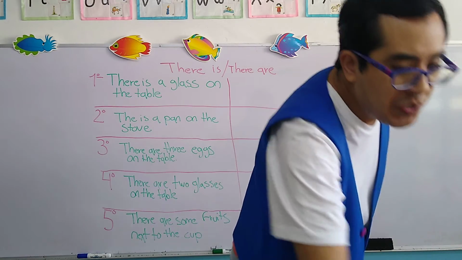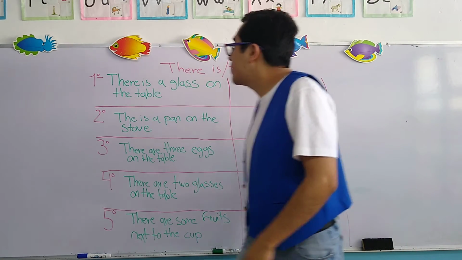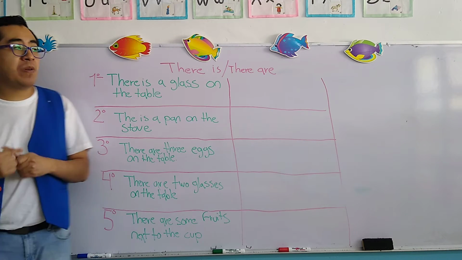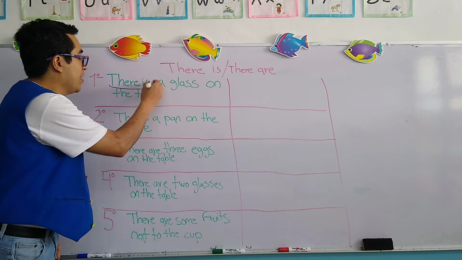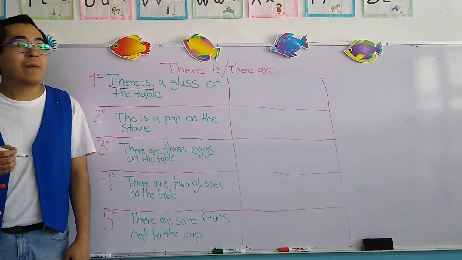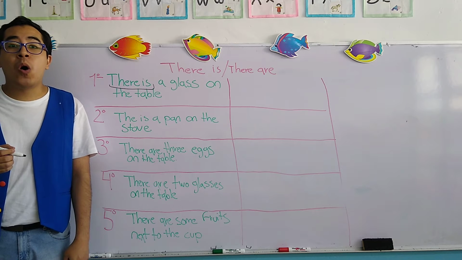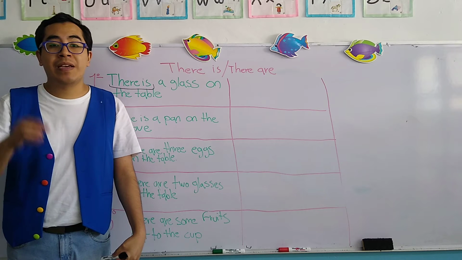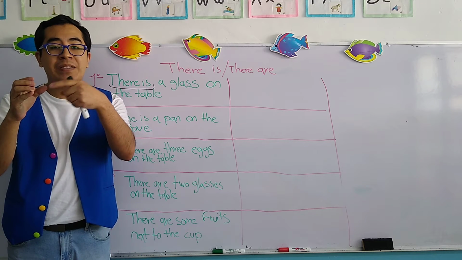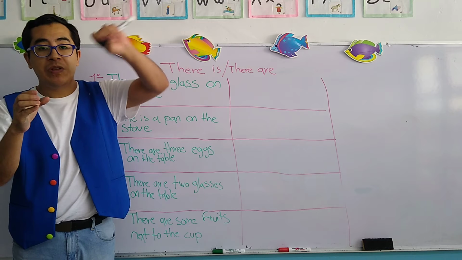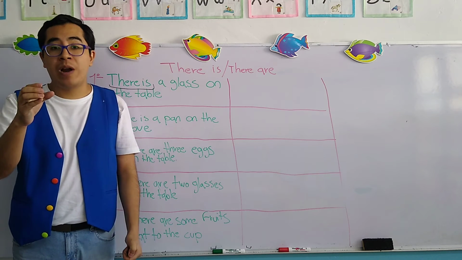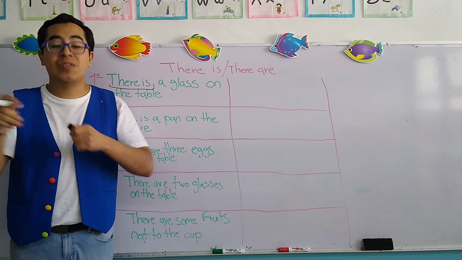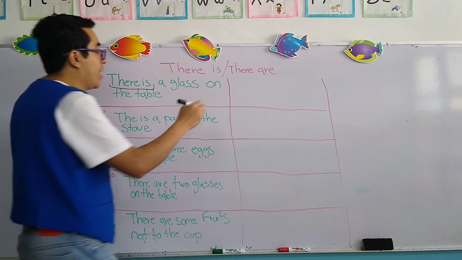Now, the first sentence, my children, says, there is a glass on the table. First of all, it says there is, which means the sentence is singular. Now, if you remember correctly, the glass is an object made of plastic or crystal in which we pour some water or a liquid so we can drink it. In Spanish, we say vaso.